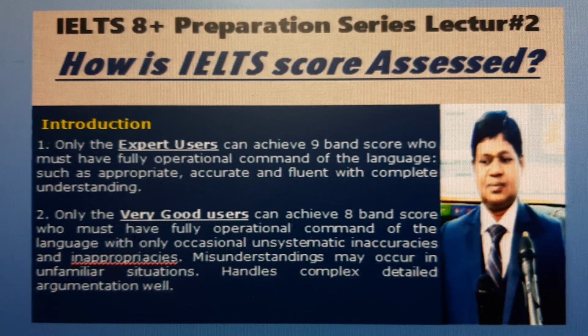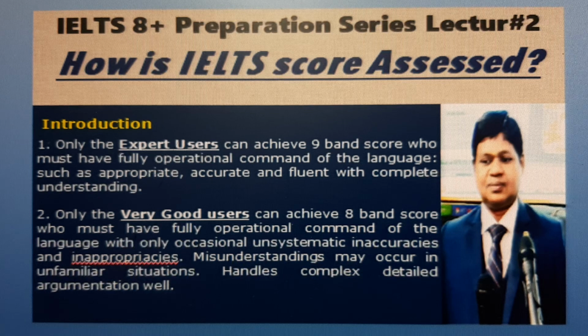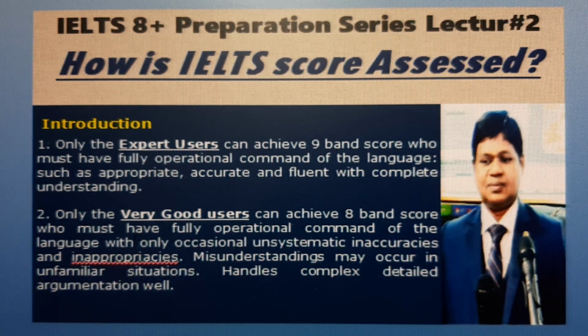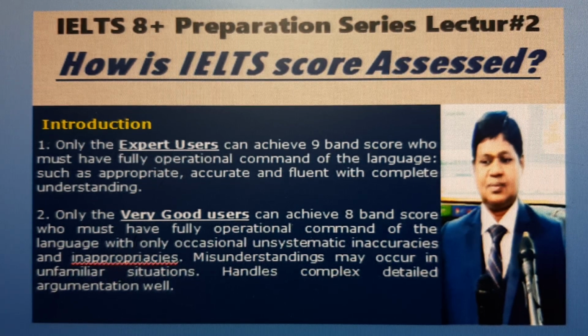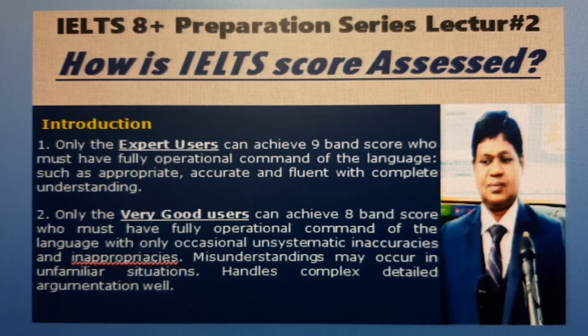In the academic reading test, you have to score 35 out of 40 for 8 band, 30 for 7 band, 23 for 6 band, 15 for 5 band, and so on. In the general training reading test, you have to score 38 out of 40 for 8 band, 34 for 7 band, 30 for 6 band, 23 for 5 band, 15 for 4 band, and so on.